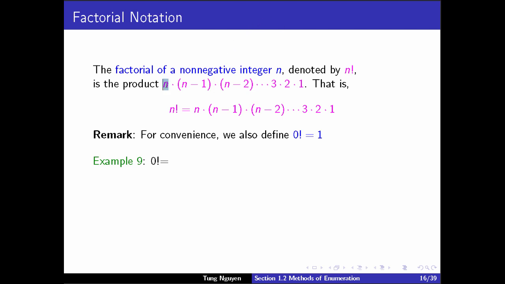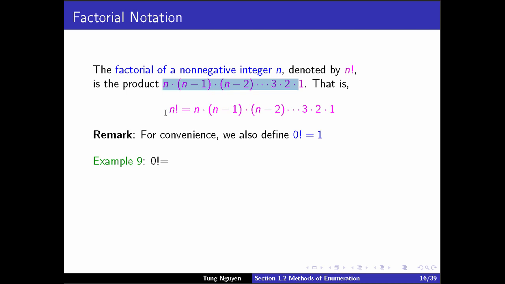You can see here we have n, then the next integer smaller than it is n minus 1. Then the one after n minus 1 is n minus 2, 1 unit less. If we keep doing this, eventually we will reach 1. If we had to write this product all the time, it would be time consuming.